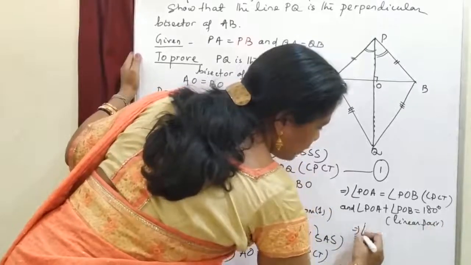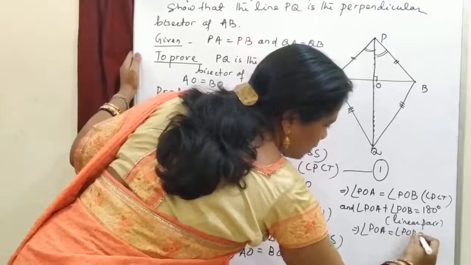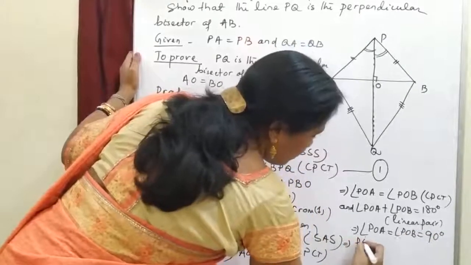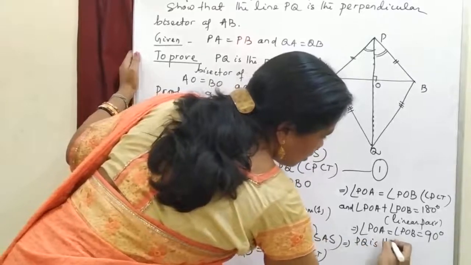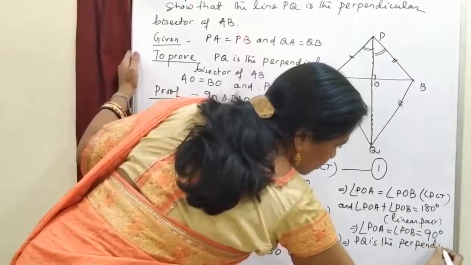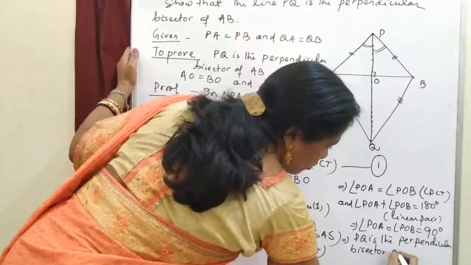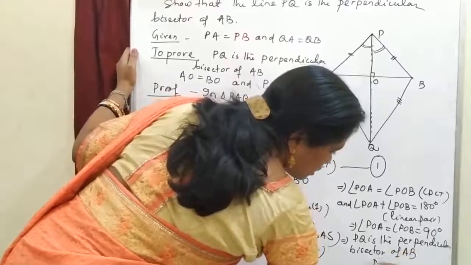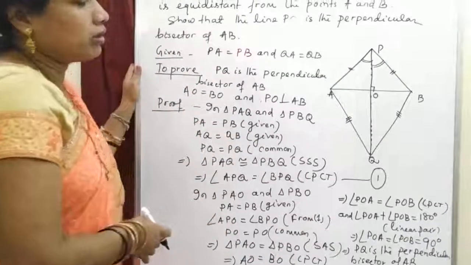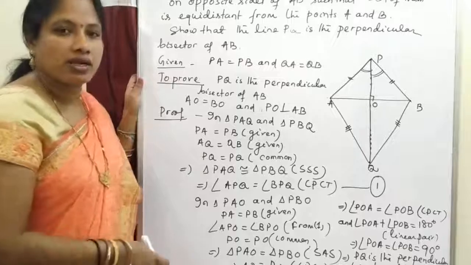So this implies angle POA is equal to angle POB is equal to 90 degrees. So it is proved that PQ is the perpendicular bisector of AB. In this way we can solve more examples on the basis of SSS congruence.